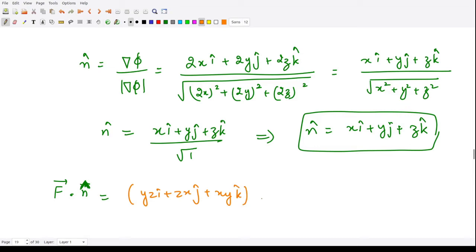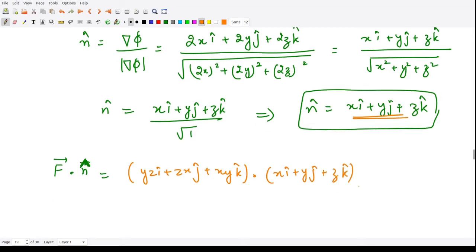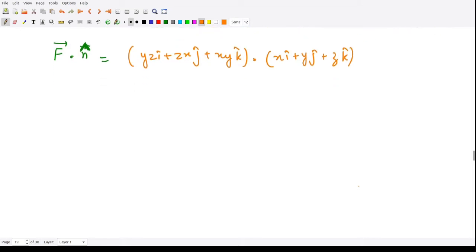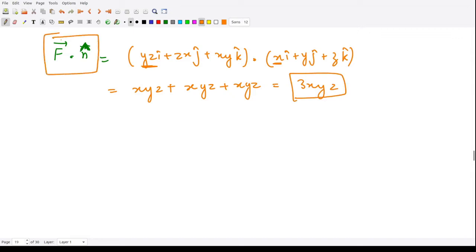This is vector F dot with this vector n, which is x i cap plus y j cap plus z k cap. Now you know how to take this dot product. The dot product is obtained when you multiply this term with this term. So you have xyz plus xyz plus xyz, which is equal to 3xyz. This is the quantity vector F dot unit vector n, right?